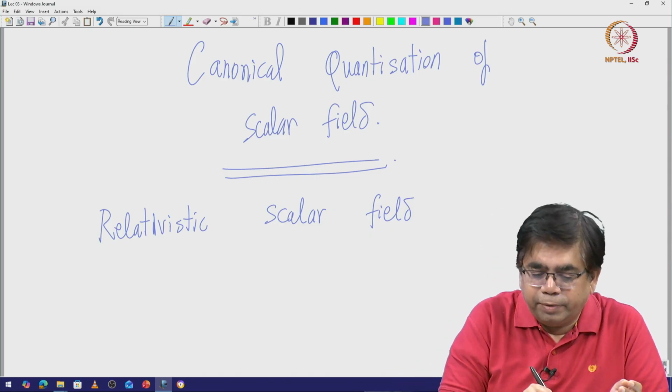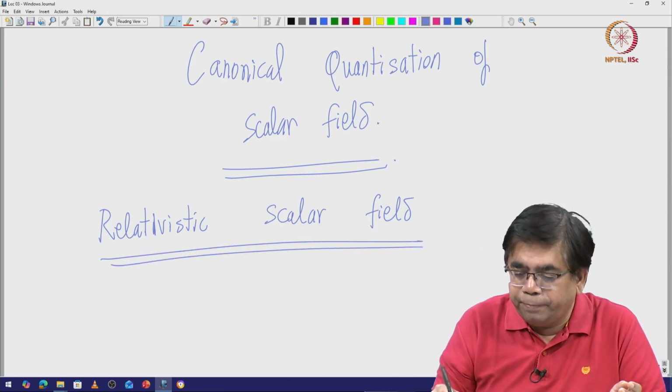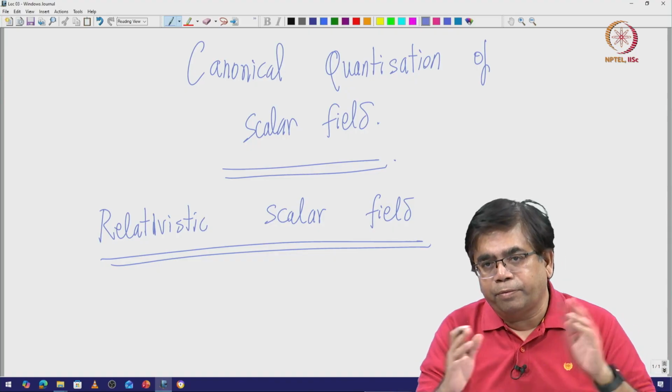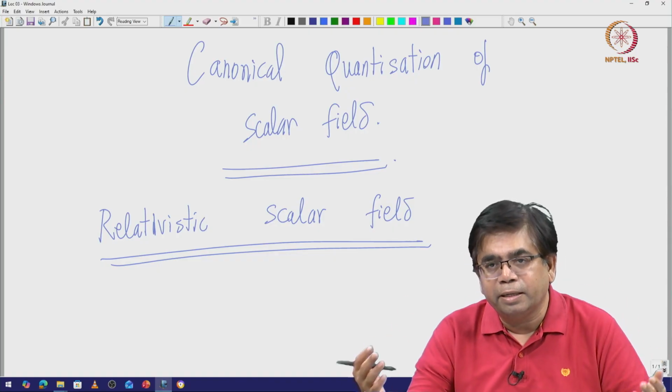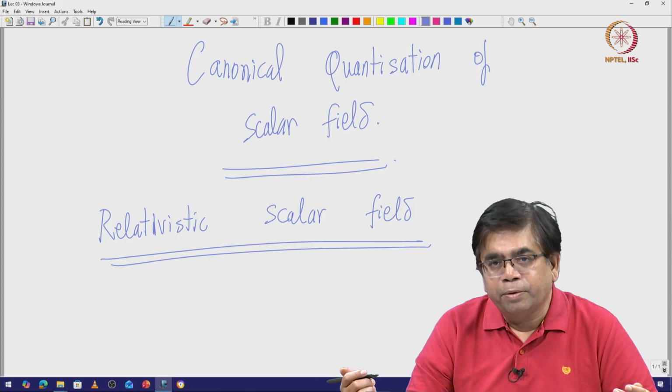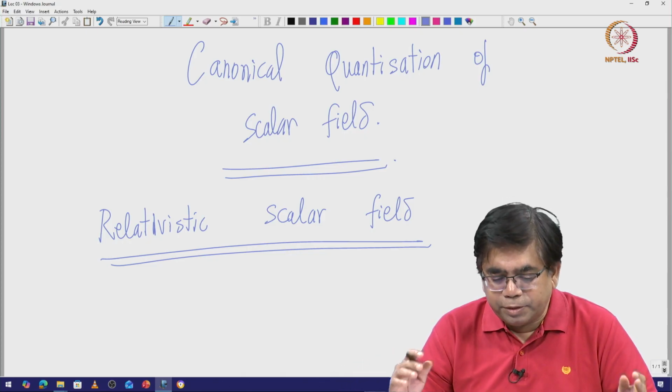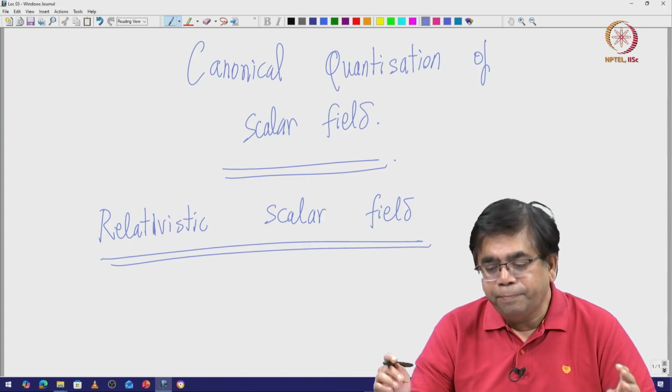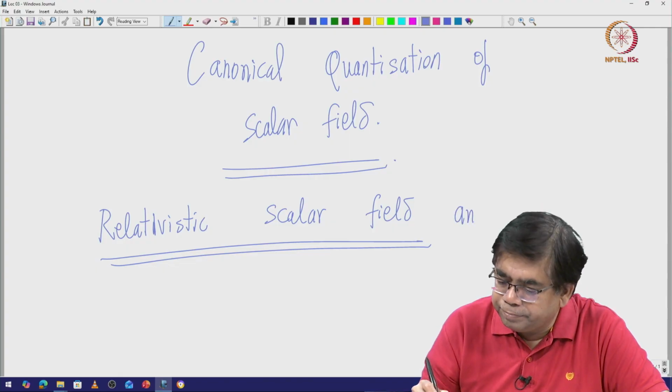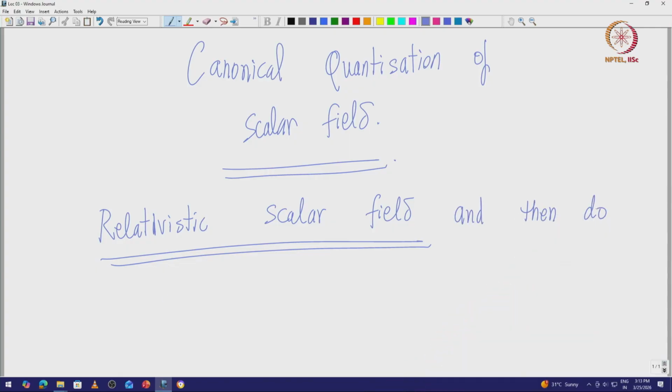I will tell you the connection with what one has done in relativistic quantum mechanics in a second, but we want to start with the relativistic scalar field and then do canonical quantization of it.